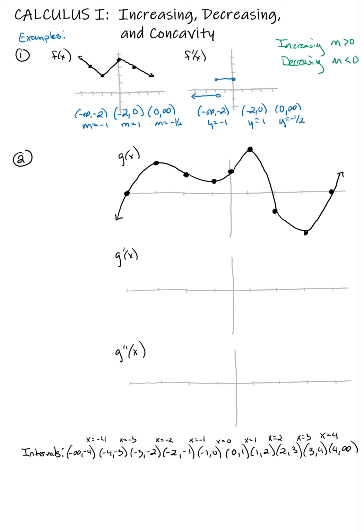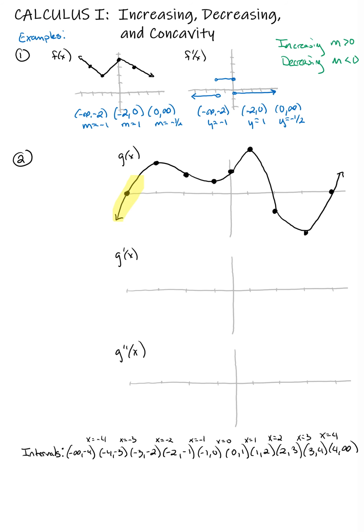And then from 0 to infinity, we have -1/2. So here we have -1/2. So that gives you a little bit of an idea of what's going on with the derivative compared to the function. Let's look at one that's a little more complicated.